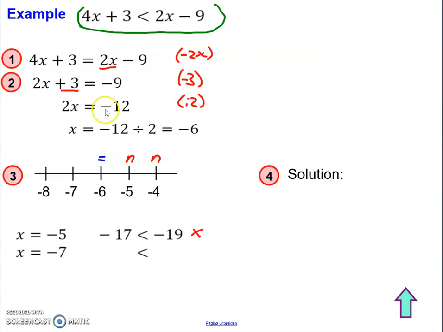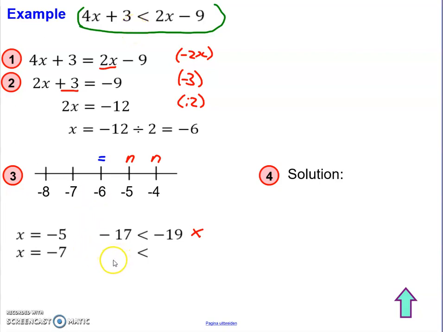So in fact, we already do know the solution by now. If it's not greater than minus 6, it will be less than minus 6. That's the only possibility that's left. But check it. So fill in for x the value minus 7. So first on the left side, 4 times minus 7 plus 3.